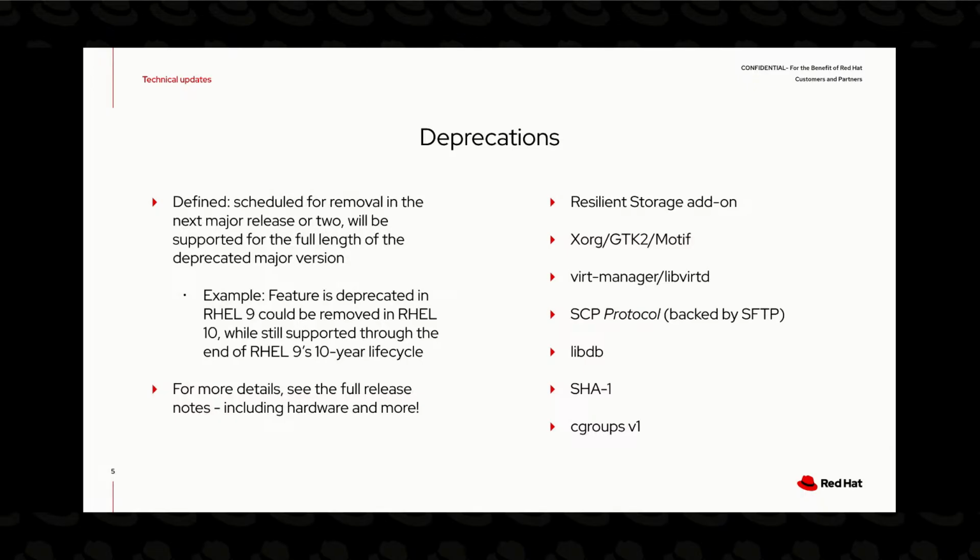Instead, the SCP command is going to use the SFTP transfer backend to actually take care of copying the file to and from the machine that you're targeting. So the SCP protocol is leaving. The SCP command is certainly staying, but it's now going to actually transmit the files using SFTP.